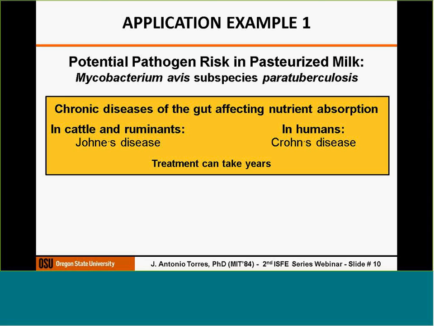This pathogen has been found in cattle and other ruminants. It causes a disease called Johne's disease. It's a disorder of the absorption of nutrients from the entry point until the exit point.